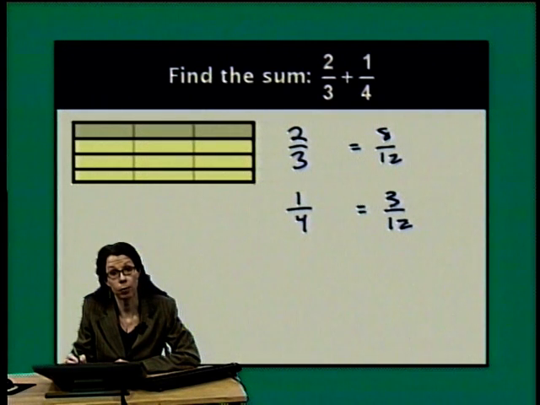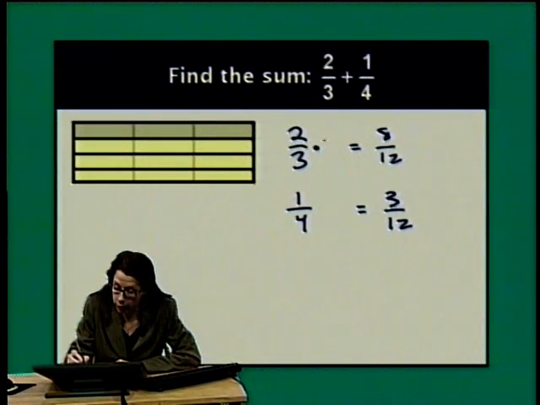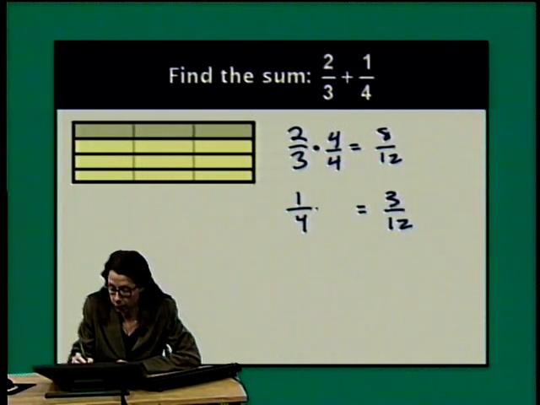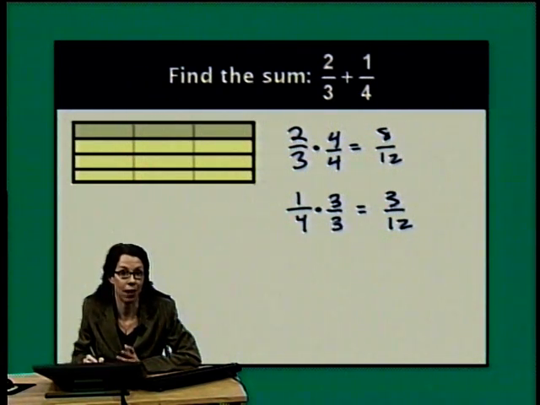Well, I can multiply 2/3 by 1 in the form of 4/4. Multiply the numerators, multiply the denominators. 2/3 times 4/4 is 8/12. 1/4 I can multiply by 1 in the form of 3/3. That's how I get 3/12.